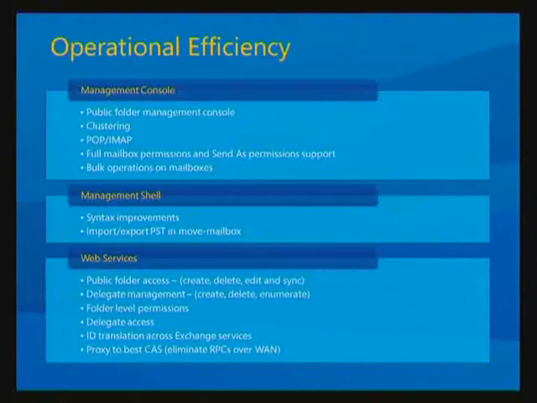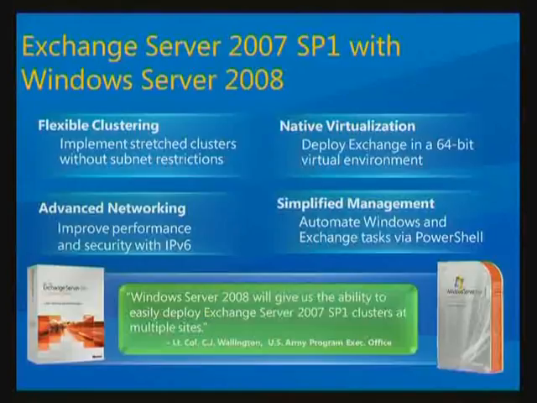With Windows, recommended sessions with Windows Server 2007 and SP1 with Server 2008. One thing around the clustering with cluster continuous replication: in 2007 we have the restriction that they have to be within the same subnet. With Windows Server 2008 clustering, they've removed that restriction.